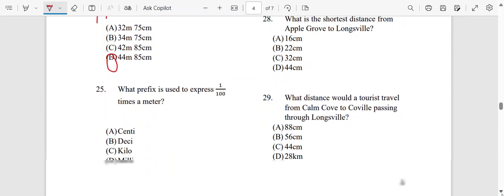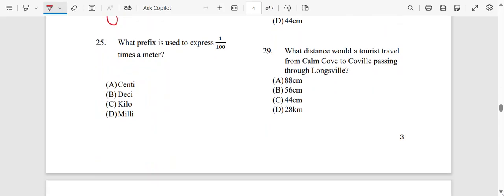Let's continue. What prefix is used to express 1 over 100 times a meter? This is just knowledge. It's actually centi. And I'm going to show you, you must know the conversion table.